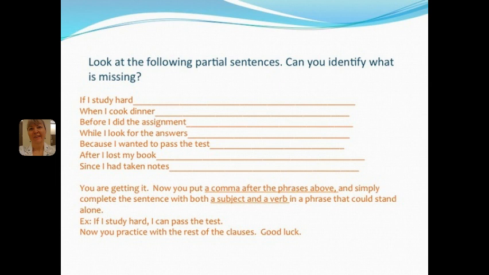Do the same thing with when I cook dinner. Again, what do you put after dinner? Hopefully you said a comma, and then you tell. When I cook dinner, I like to use original ingredients or whatever you want to write after that. Before I did the assignment.